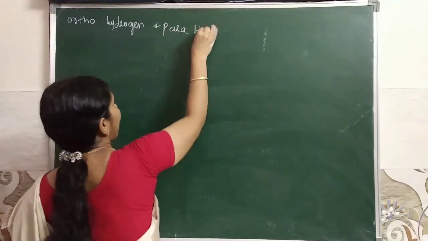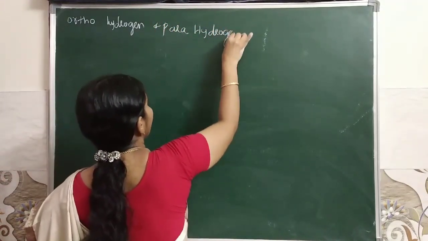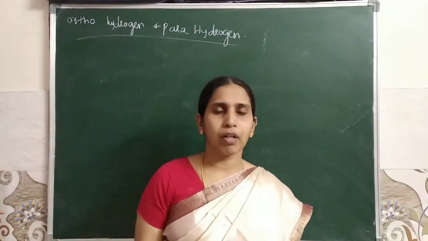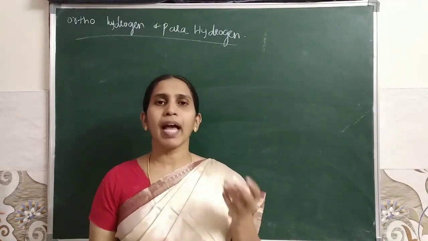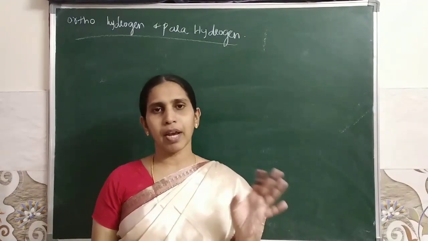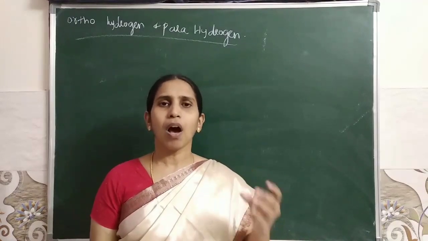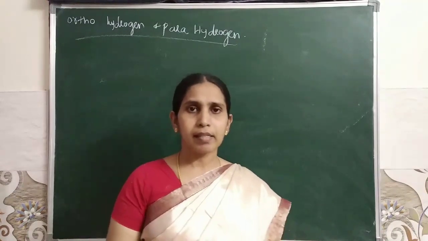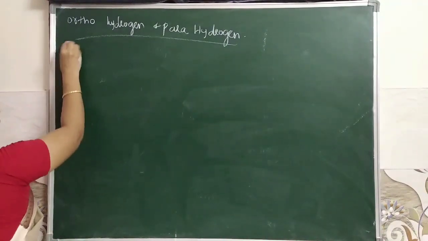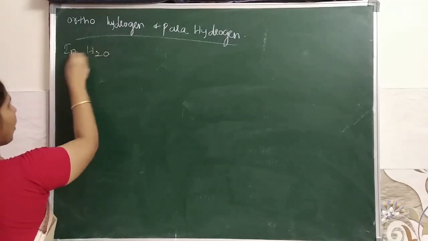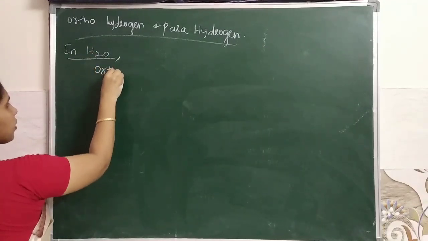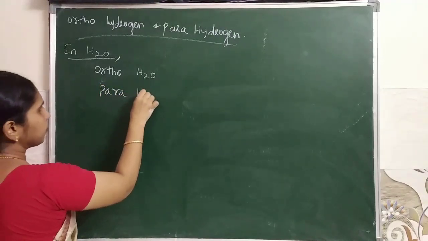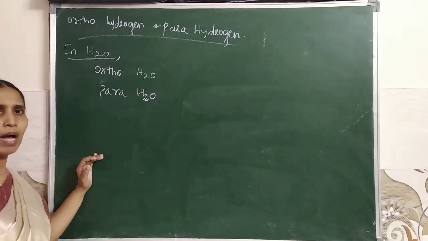Whenever a hydrogen molecule is formed, the spin of the proton is either in the same direction or in the opposite direction. So ortho and parahydrogen differ only in the spin of the protons. The same in water, also two forms: ortho water and para water.